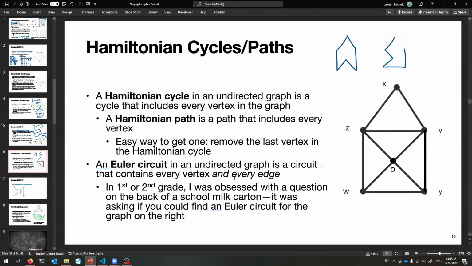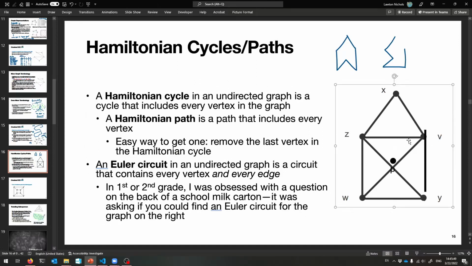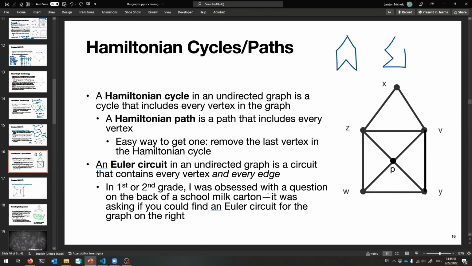Cool. And then the last term that I want to teach you is Euler circuit. These are all about undirected graphs, by the way. An Euler circuit is a circuit that contains every vertex and every edge. The reason I picked this picture is because in either first or second grade, I don't know if they do this anymore, they put little brain teasers on the back of the little school milk boxes, asking, essentially in first grade terms, could you find an Euler circuit for this graph, which is kind of cute.